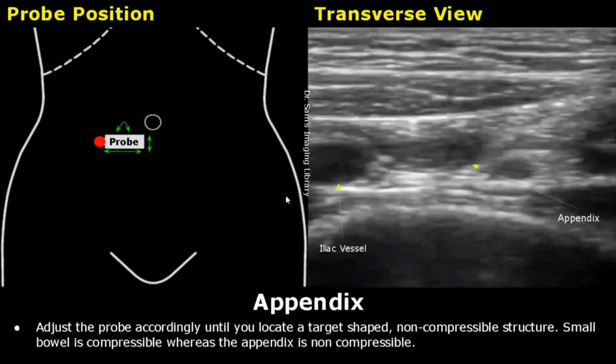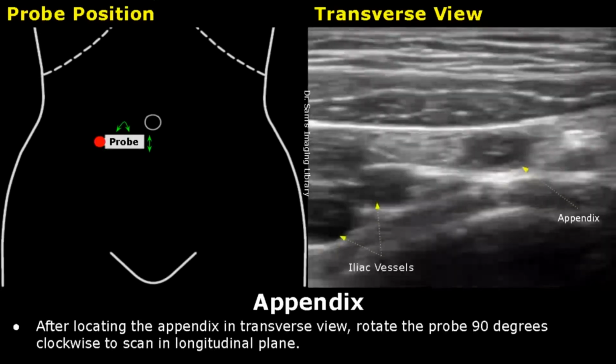Here is another image in the same location with slight adjustment of the probe. We can see the appendix, the tubular shape of the appendix right here. It is near the iliac vessel. After locating the appendix in transverse view, slowly rotate the probe 90 degrees clockwise to scan in longitudinal plane.